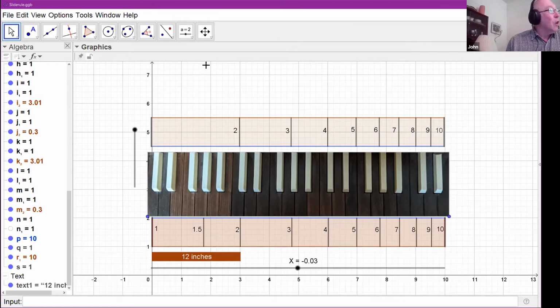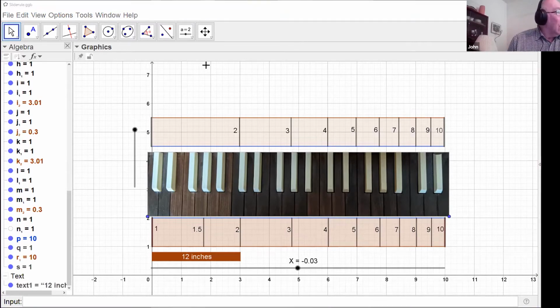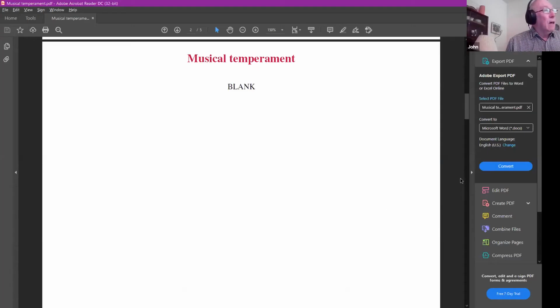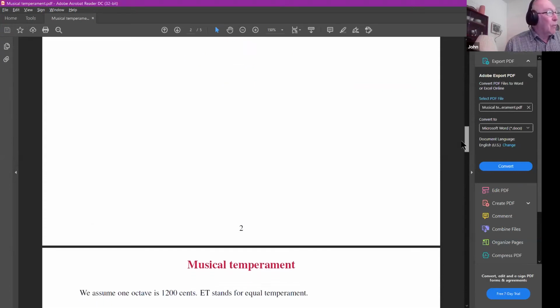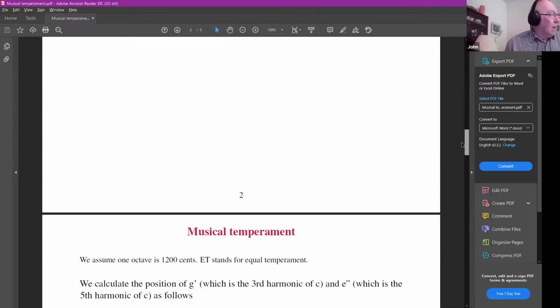Well, I'm going to show you a new thing. It's a PDF document. I've just got a blank page there on purpose because I didn't want to have too much at a time. We assume 1 octave is represented by 12 semitones, which are divided into 100 cents.